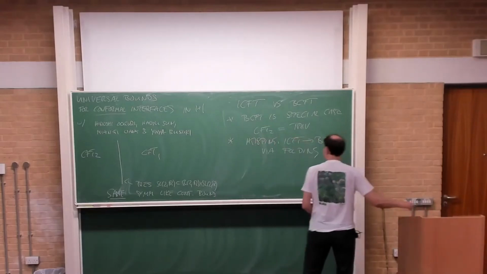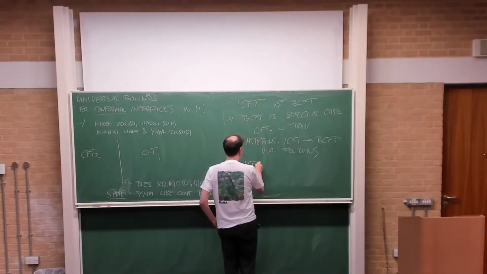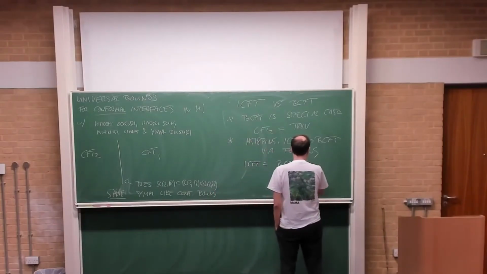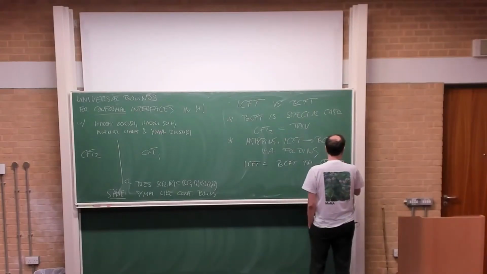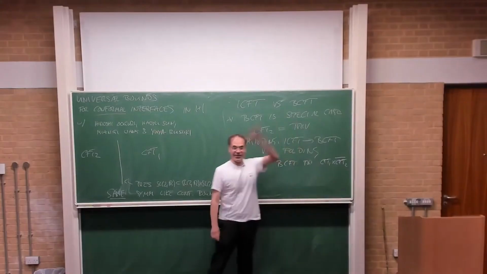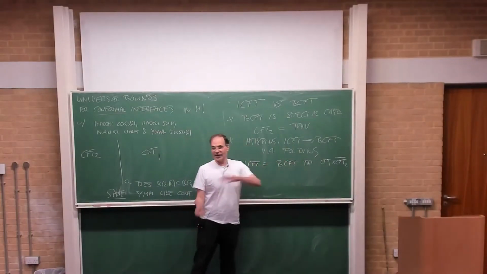So the ICFT is basically just a BCFT for CFT1 times CFT2. People sometimes put a bar over there, saying CFT2 gets parity reversed. But that happens after folding, and now I have two CFTs living on the same space.